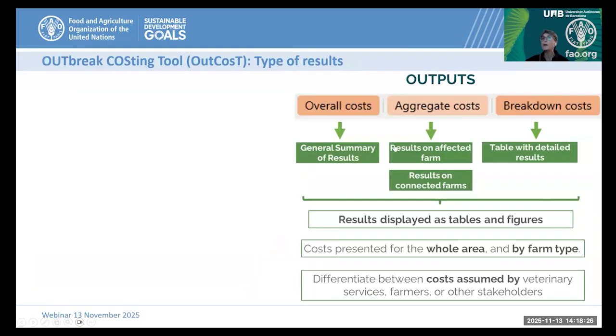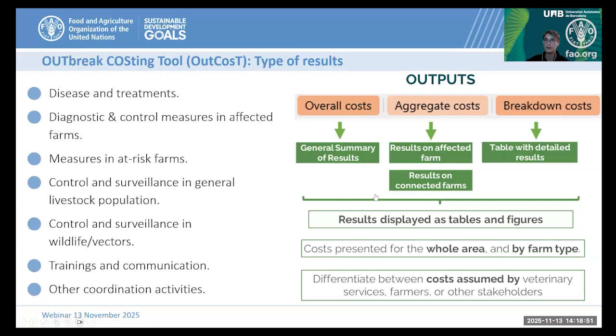Regarding the output, we have 2 spreadsheets, overall cost and aggregate cost, dedicated to showing a summary of results and aggregated results. And then we have this breakdown cost, which is a huge table with more than 100 items, where the detailed cost for each activity and each item within the activity is represented and described.